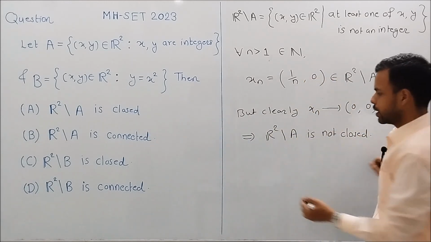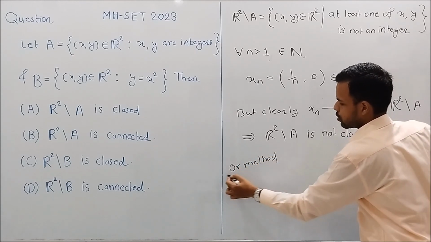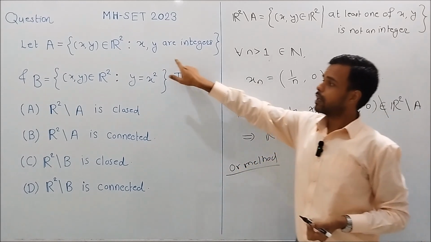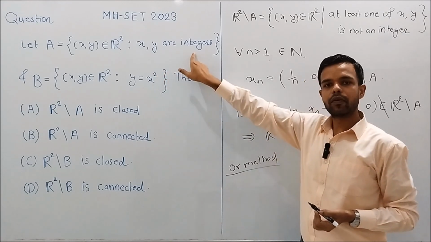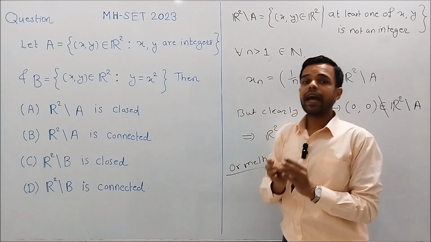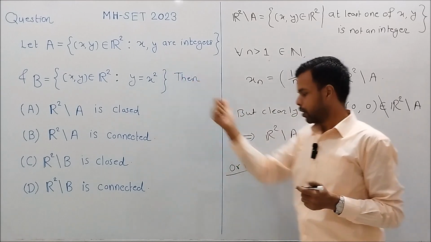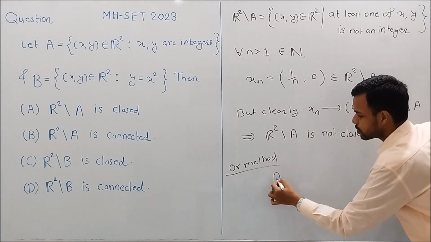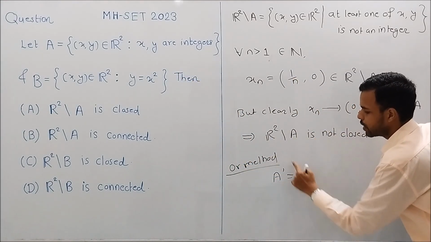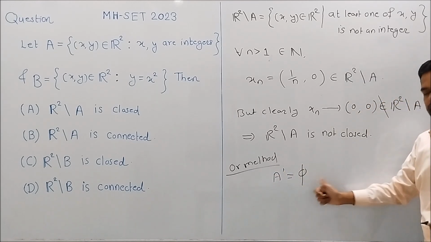Another way to see it is: clearly this set A is a discrete subset of R2. So it has no limit point. The set A has no limit point. So the set of limit points of A, that is A dash, the derived set of A, is the empty set. Okay.